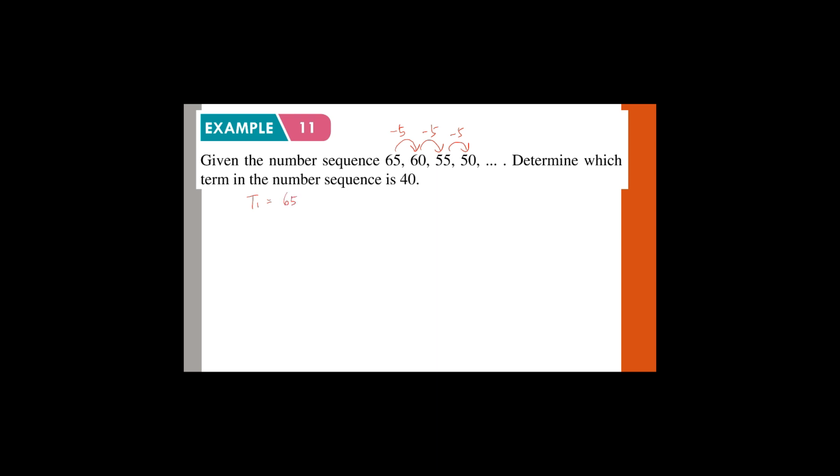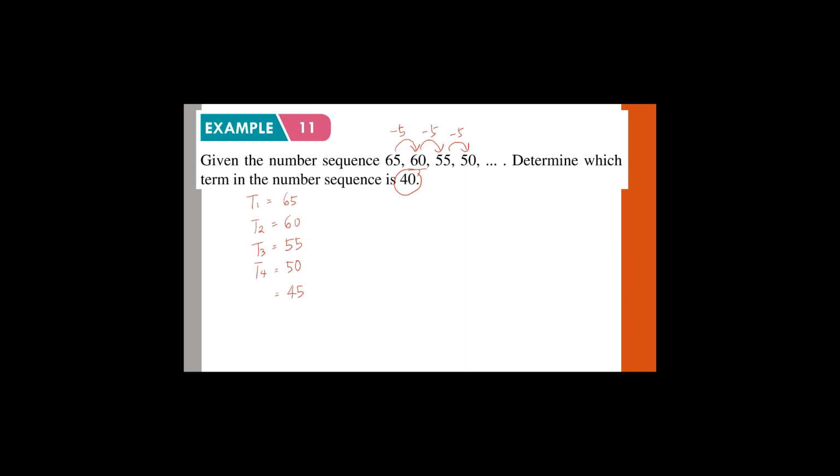Yes, correct, 65. So I carry on. Term 2 will be 60. Yes. Term 3 is 55, correct. Term 4 is 50, correct. So we haven't reached 40 yet, right? We have to keep continuing. After 50 is what?